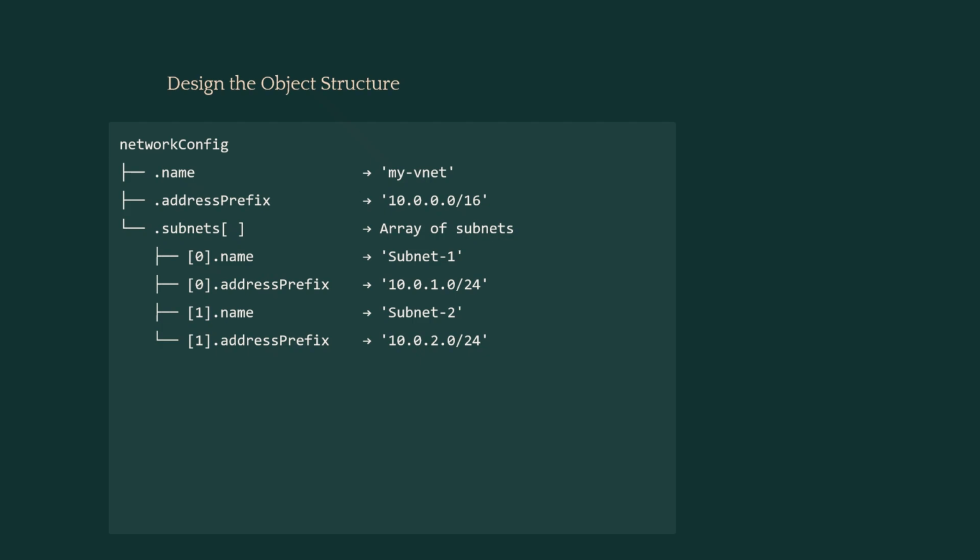We'll see that the name and address prefix are strings, which are just pieces of text, but the subnet is an array which acts like a list. To navigate the properties, we use the index 0 to access the first subnet and then use dots to get its specific properties. Following the same pattern, we use index 1 to reach the second subnet and pull its data.